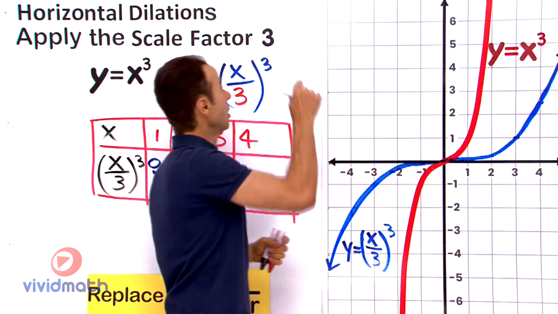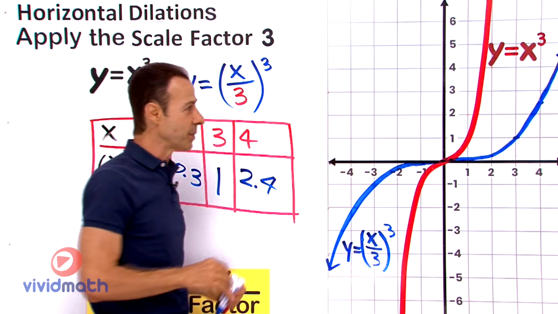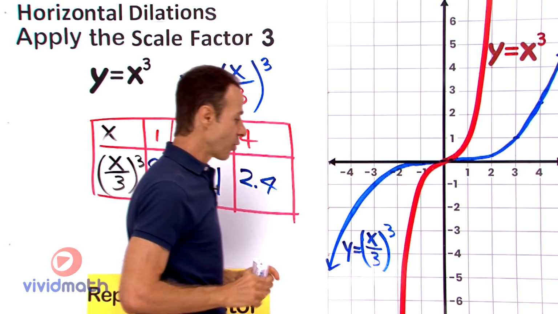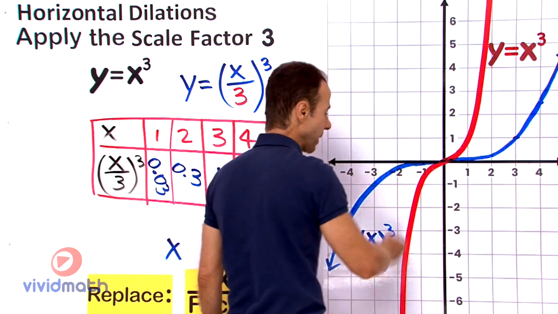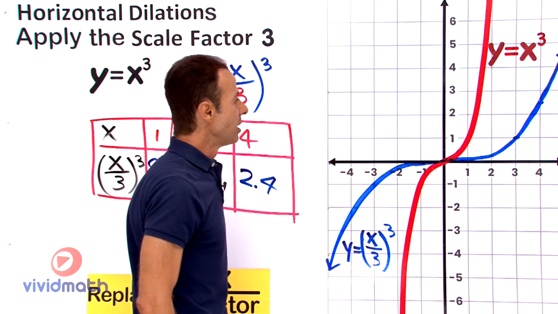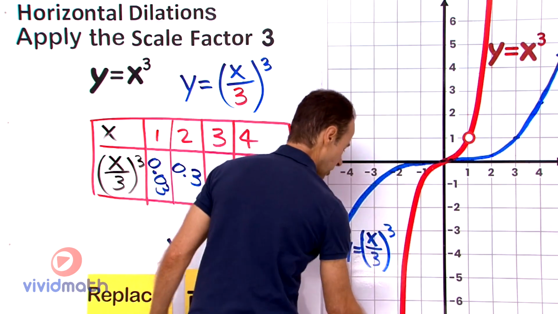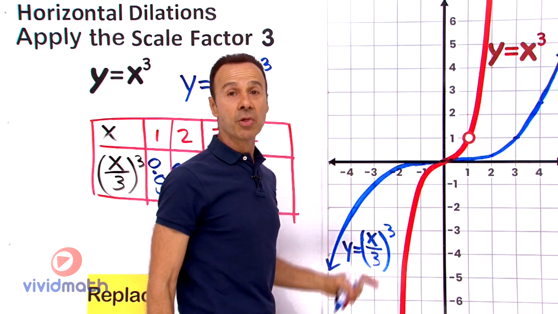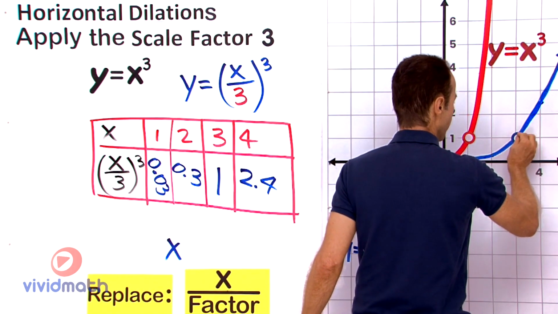It seems to be 3 times as wide, but let's double check. Let's actually see this and confirm it on the horizontal plane. So I'm going to pick 2 points and see if they're 3 times wider. So let me pick a point here on the original parent function in red. Let me just pick the point (1, 1). That's easy right there. And now I'm going to find a point on the same horizontal line going through the new function, which is right there.